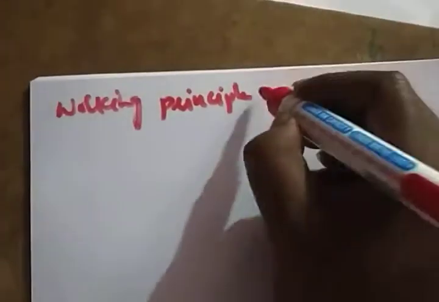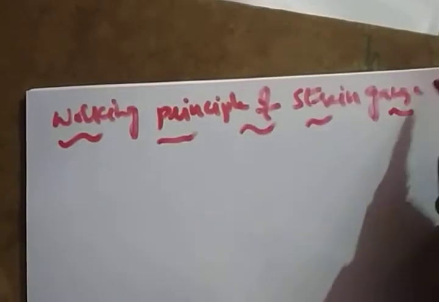So what is a strain gauge? Now we'll discuss the working principle of a strain gauge. See, in a metal conductor, if you stretch or compress it, its resistance will change.